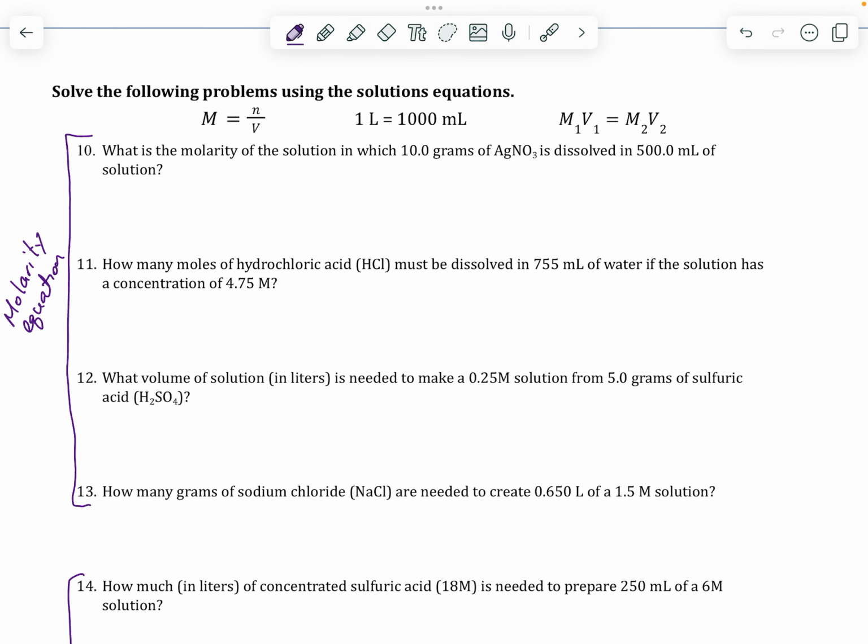So, in terms of the equations here, we have molarity versus dilution, right? And so our molarity equation is right here, compared to right over here, the dilution equation.